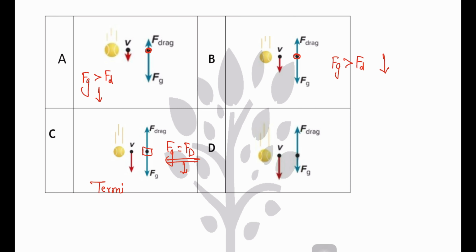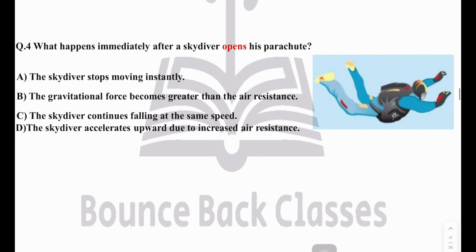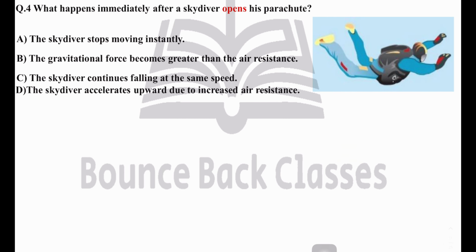Terminal velocity. Do you understand? Here, who is greater? F drag is greater than Fg. The body will go up for a certain period of time, just like if you open a parachute. Open a parachute, the body will suddenly go up. Clear?